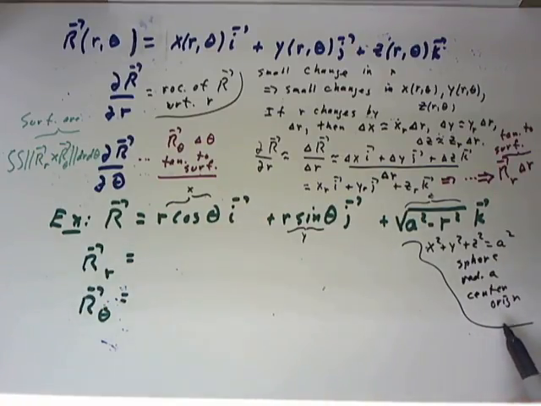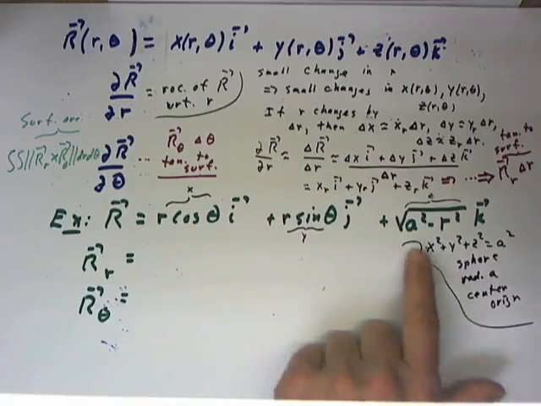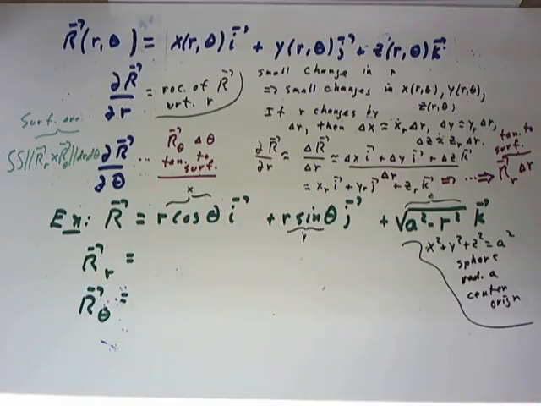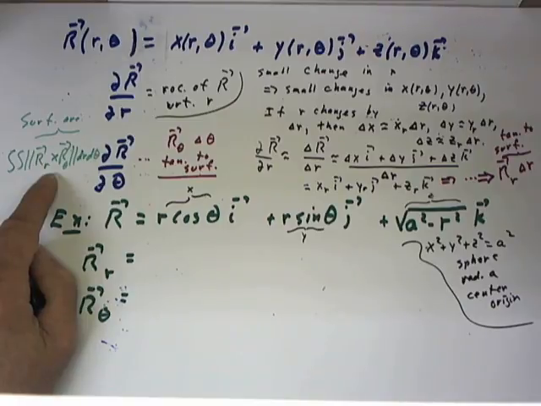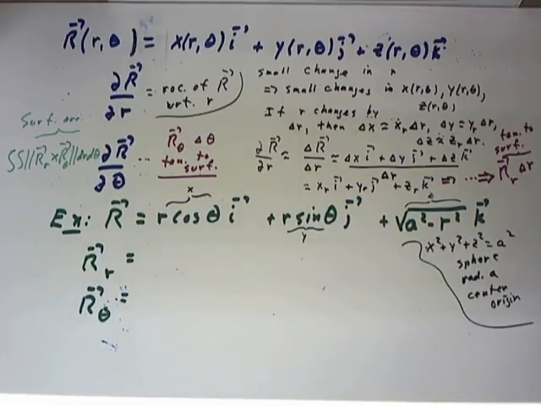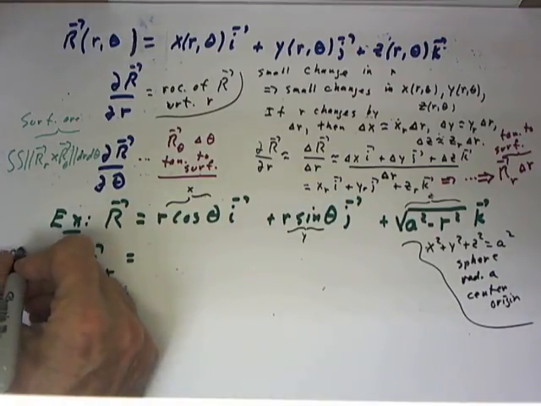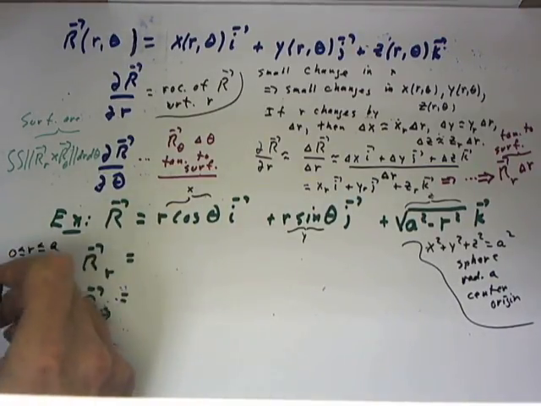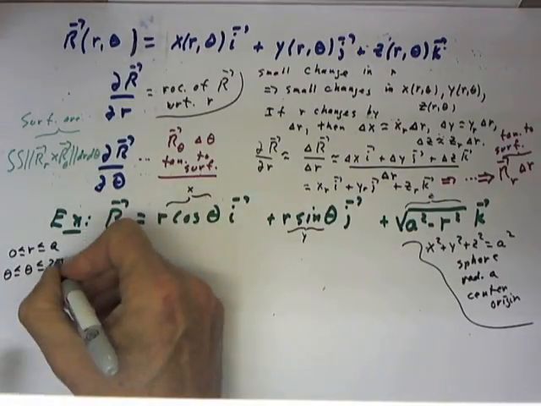We know the formula for that surface area, and we've derived it by other means. We're going to use this relationship now with this parameterization of that sphere in order to obtain the same result and at least make plausible this formula. Now, implicitly, this function is defined for 0 less than or equal to r less than or equal to a, and 0 less than or equal to theta less than or equal to 2 pi.